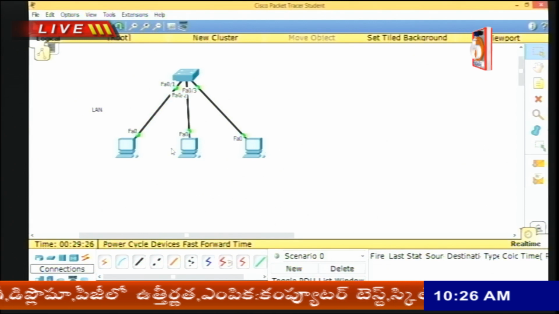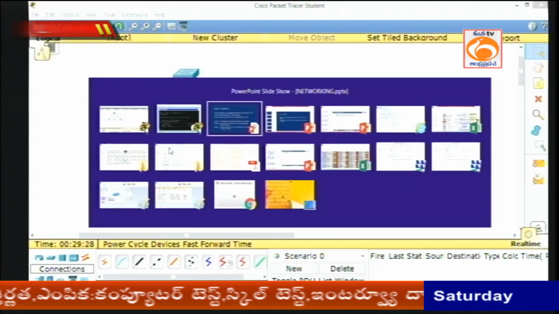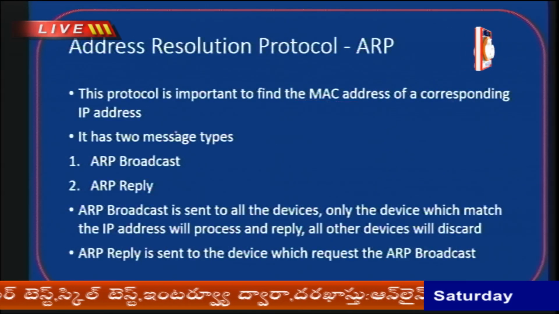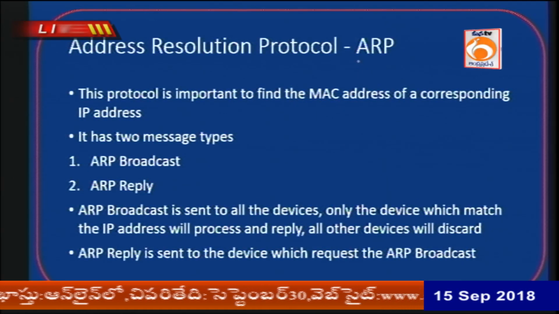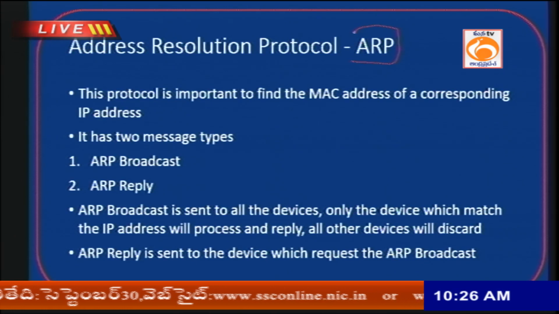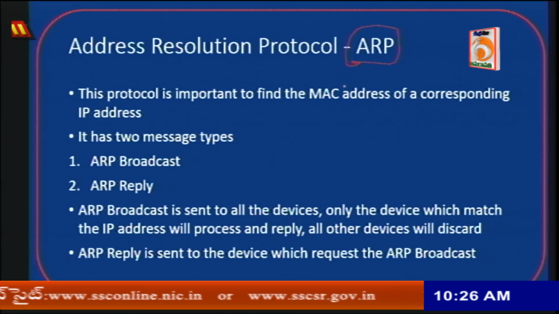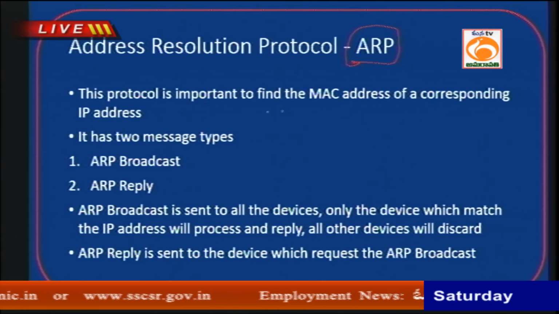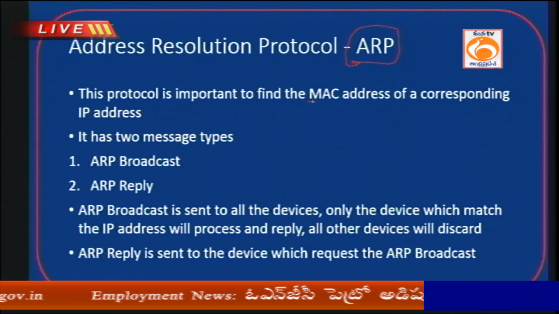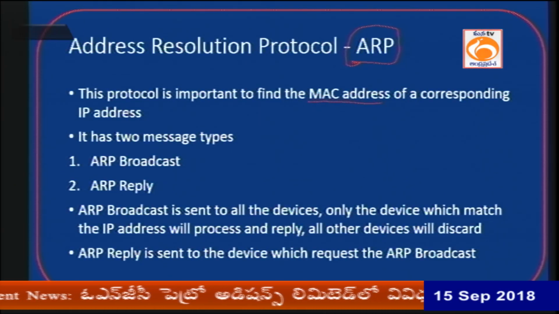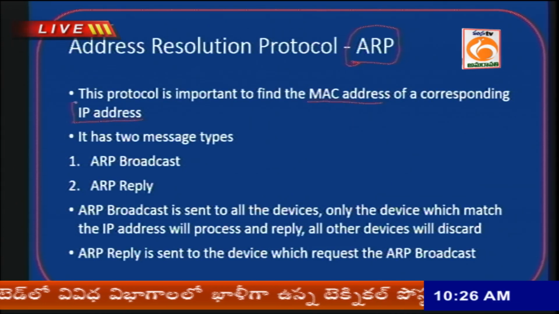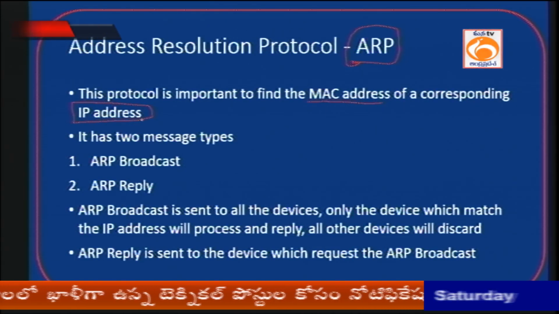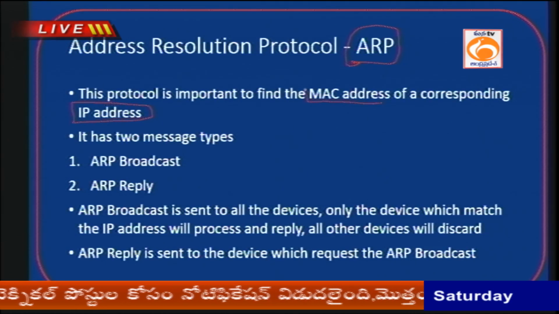So we have the next protocol to discuss called Address Resolution Protocol. This Address Resolution Protocol is very important for the actual data communication. It is basically providing a matching between the MAC address and the corresponding IP address. So this computer has this IP address and that is mapped with this particular MAC address.